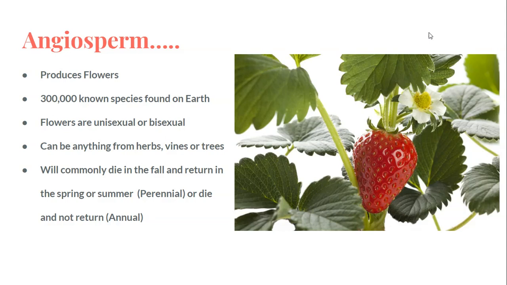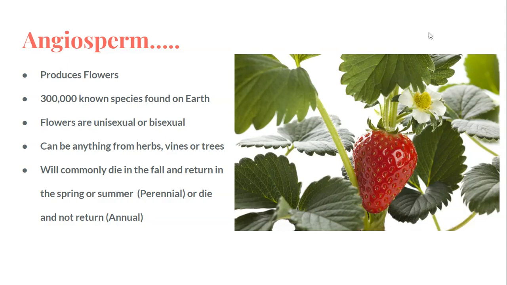And it shows, because there are 300,000 known species of angiosperms found on Earth today, that is working for them. And you can see that they're everywhere. So that is your answer to number 6. There are 300,000 known species of angiosperms, and there are only 1,000 known species of gymnosperms. I'm full of mistakes today, but hey, this is the way life goes.